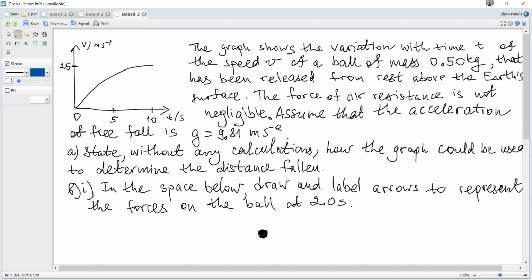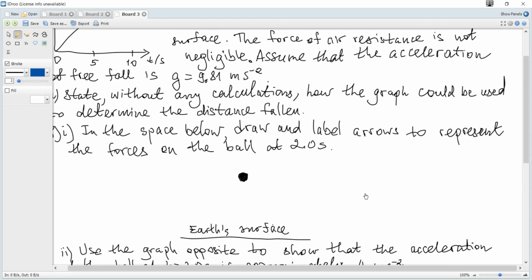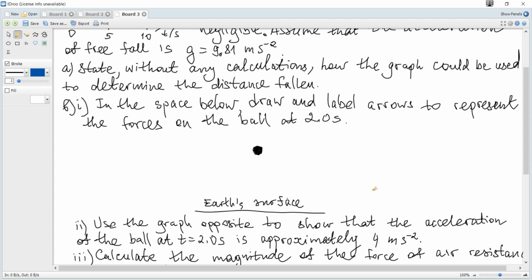Since we need the moment of time at 2 seconds, we should draw a tangent at 2 seconds, and we can see that the gradient of this tangent is positive, so there is some positive acceleration at 2 seconds, hence the ball is accelerating downward, so weight must be longer than air resistance.